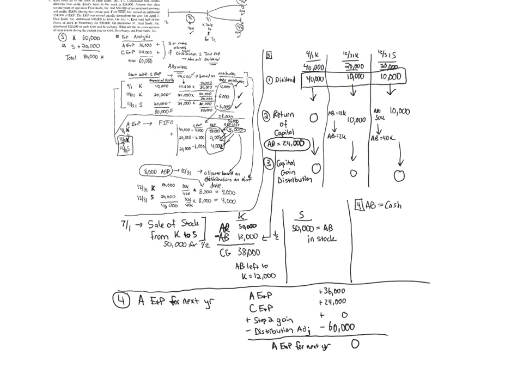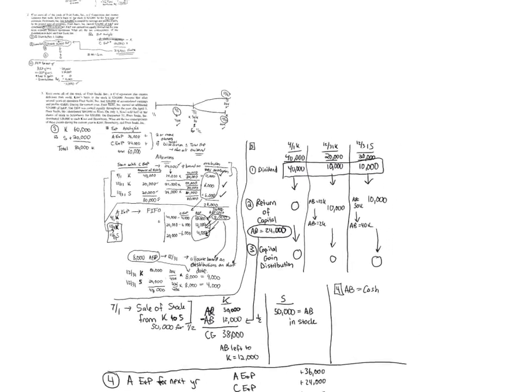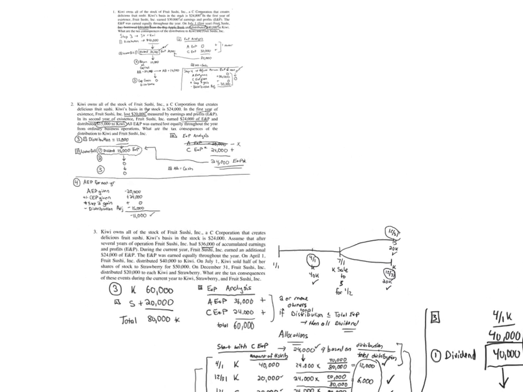How much dividend does Strawberry have? 10,000. If you ask that question, would you say at 12/31 or at the end of the year? Probably just for the entire year. So you'd add up both of Kiwi's, $40,000 and $10,000 dividend, you get $50,000. That's probably what I would do.